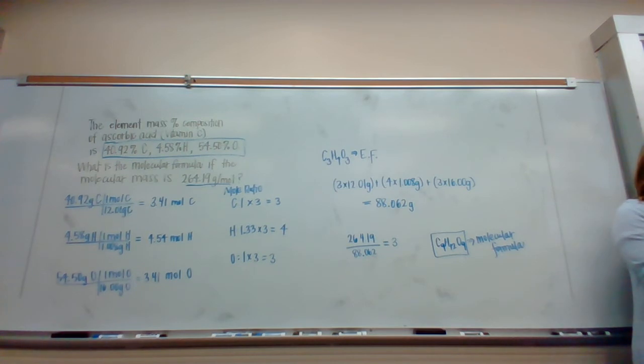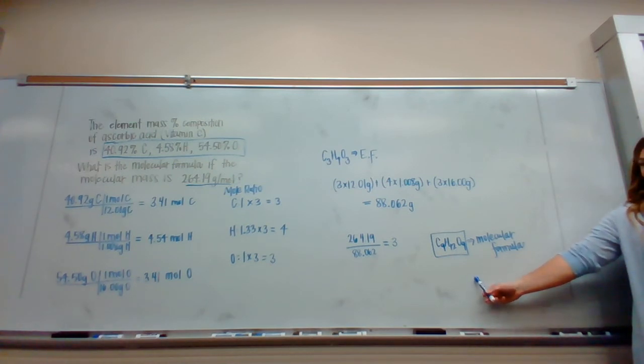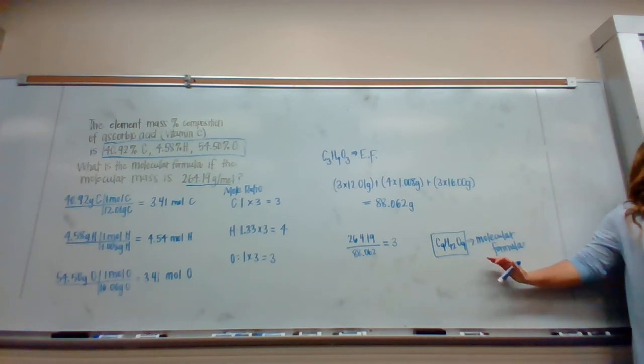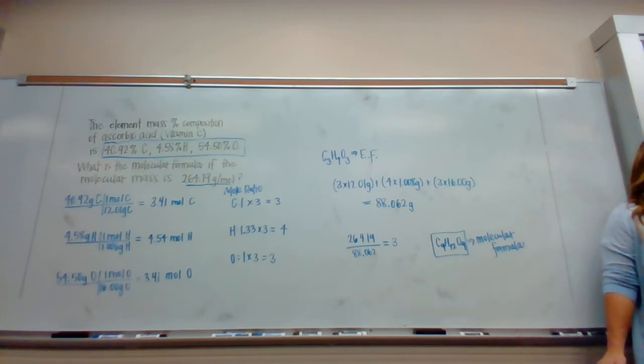So as long as you can get to your empirical formula, you should have no problem taking it one step further and getting your molecular. Okay, so you'll practice that.